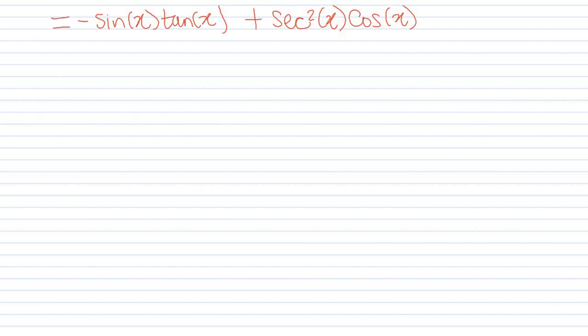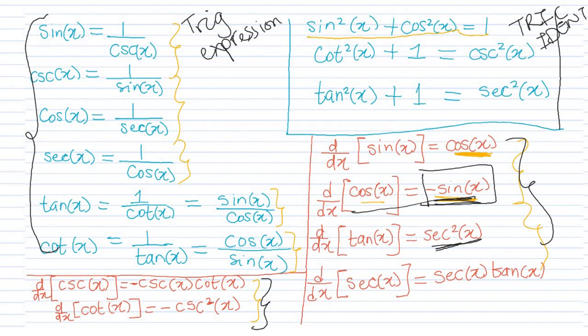The next thing you can do is, we can change everything to look like sine x and cosine x. If you look at this page, we can see that tan x can be written as sine over cosine.